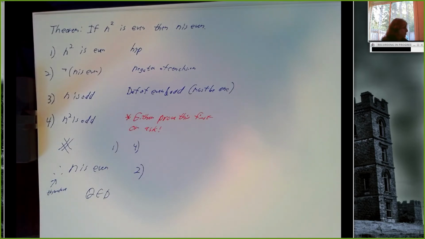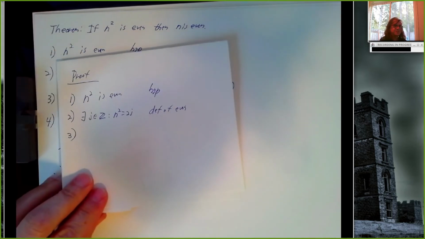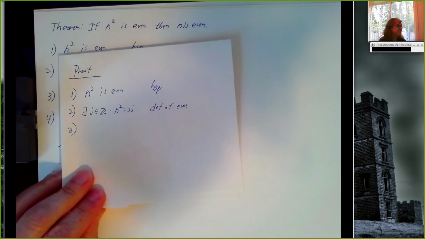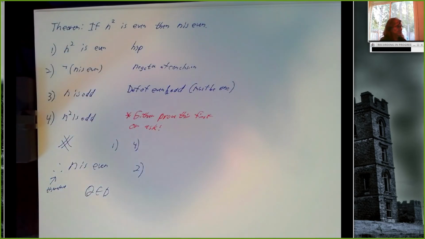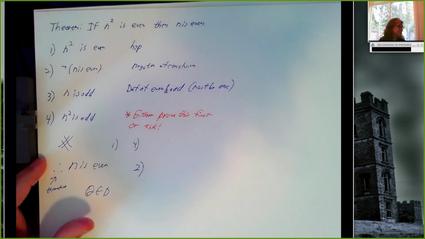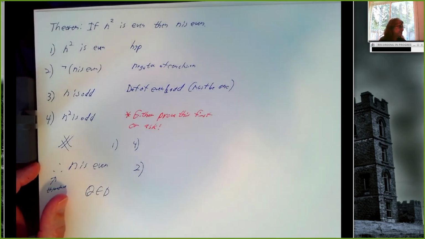So most of these proofs will be either direct or indirect, and this one, like I said, feels very hard to come up with a direct proof. Nothing jumps out as like, oh, let's just do this and then we'll be done. Whereas an indirect proof of this follows pretty painlessly.